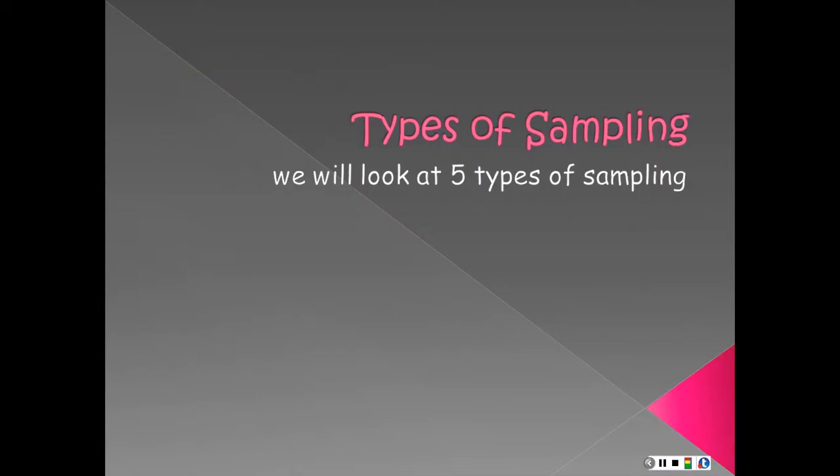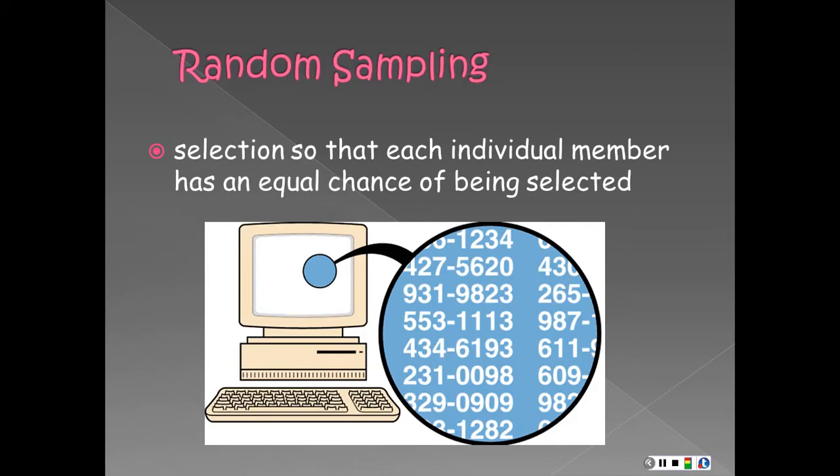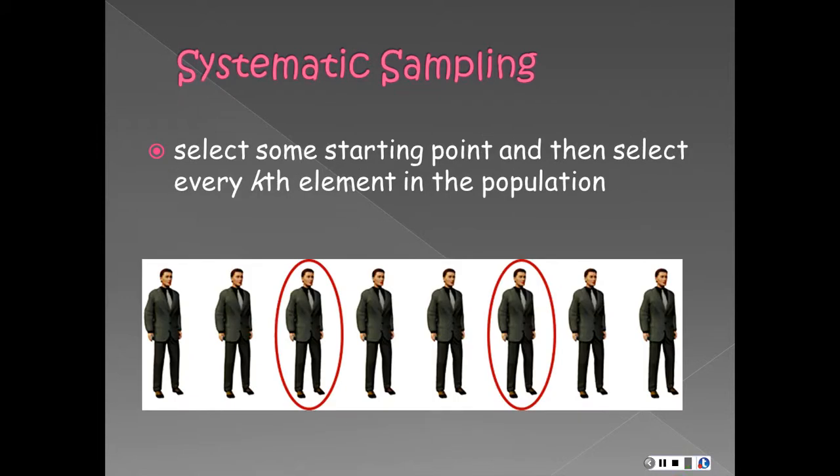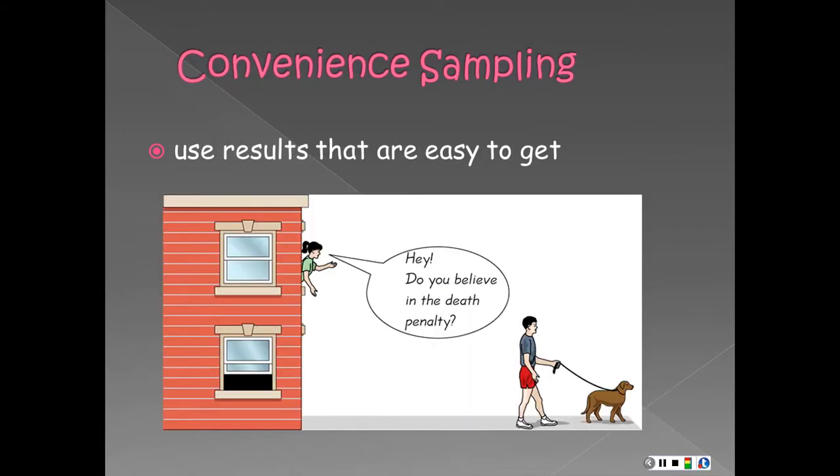You have types of sampling. We're going to have 5 types. There's actually 6 listed on the notes, but the ones that are starred are the ones we're going to focus on. So a random sample just means everyone has an equal chance of being selected. Systematic sample means you start at some point and select every 10th or 11th or 12th or whatever number element in the population.